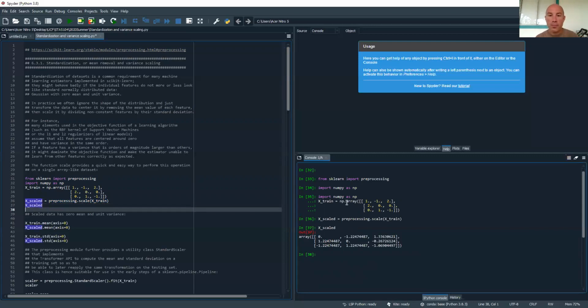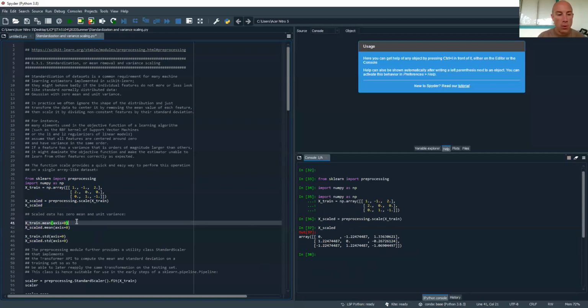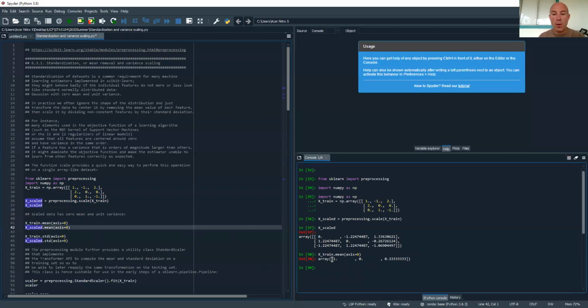Let's take a look at our scaled version. All right, so check this out. I'm going to go ahead and just show you the output real quick. Here's the original average. If I look through here, this column adds up to 3.